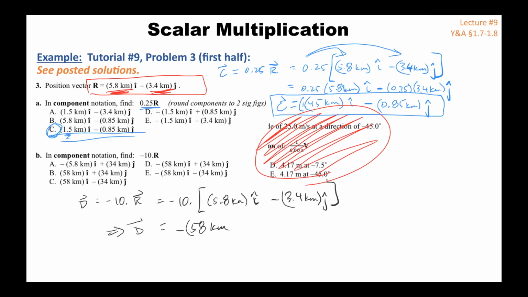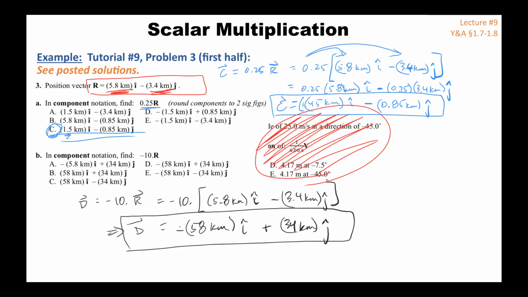Oops, pardon me. It's -58 kilometers I hat plus 34 kilometers j hat. Interesting. So vector D is 10 times longer, and it's reversed, because both the x component and the y component have had their signs flipped. So that answer looks like answer choice D.